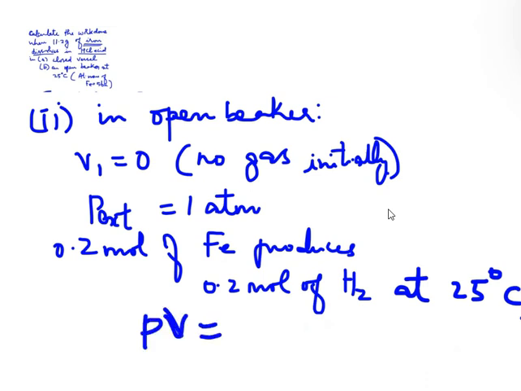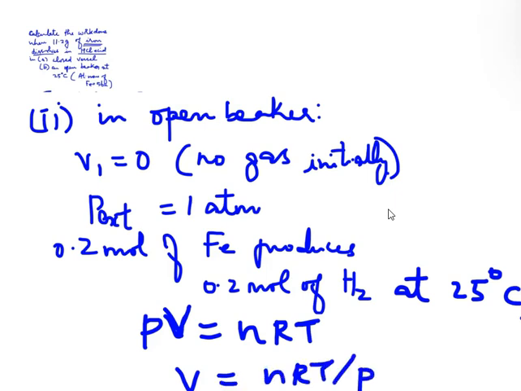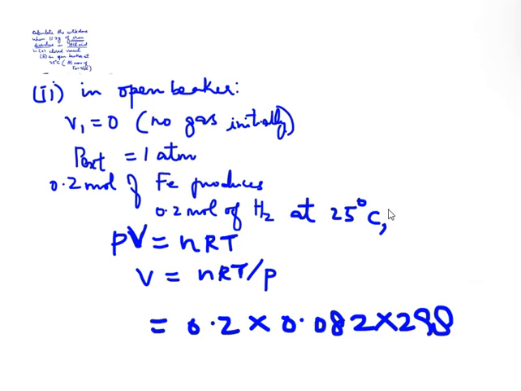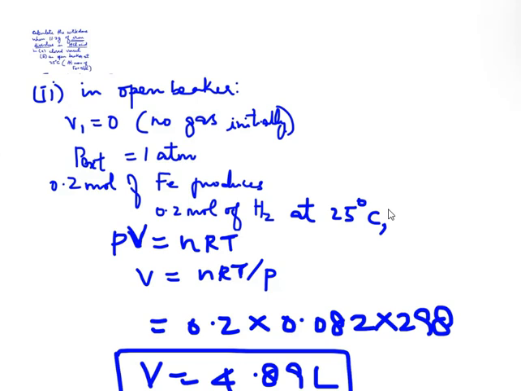So using the ideal gas equation, PV is equal to nRT, your V will be nRT divided by P, and P is 1 atm. We get the value of the volume to be equal to 4.89 liters.